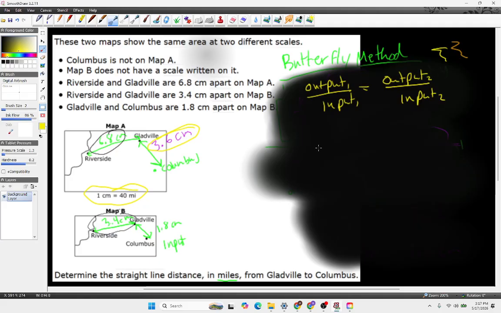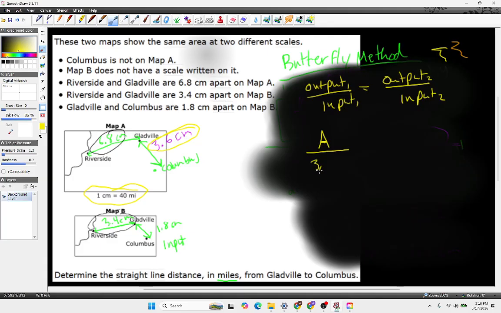I called that before A, just for actual distance. Actual distance in miles. You can call it anything that helps you keep it straight. And the input that corresponds to that is going to be this 3.6, this map distance of A, okay? So this is actual distance in miles over the map distance from map A.